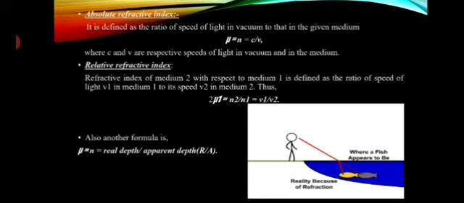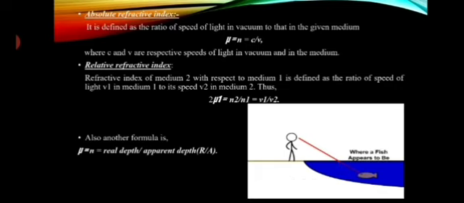Also, another formula for refractive index is given as the ratio of real depth upon apparent depth. Now, what do you mean by real depth and apparent depth? It is shown in the figure given on the right side. Watch carefully.